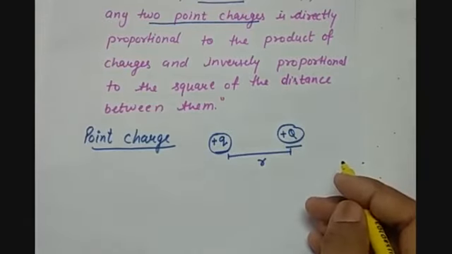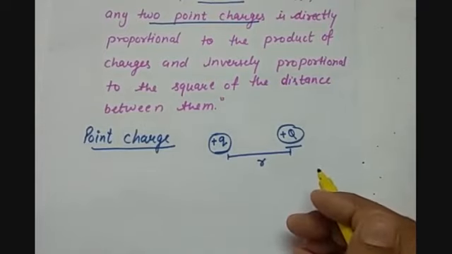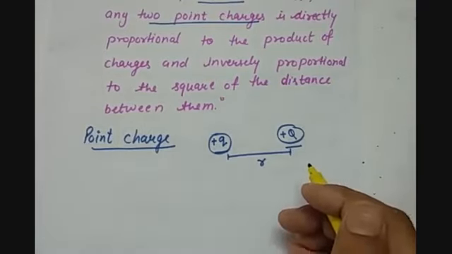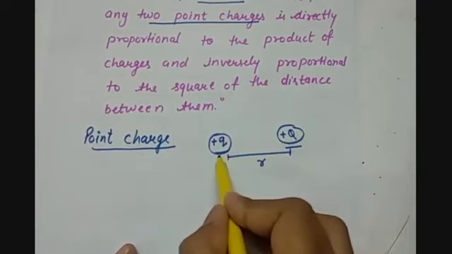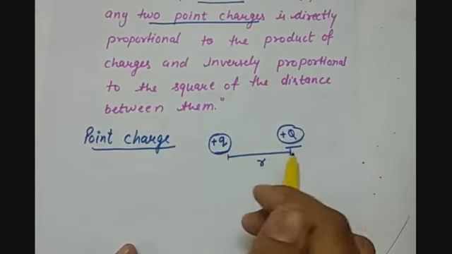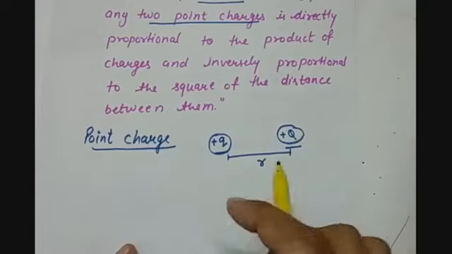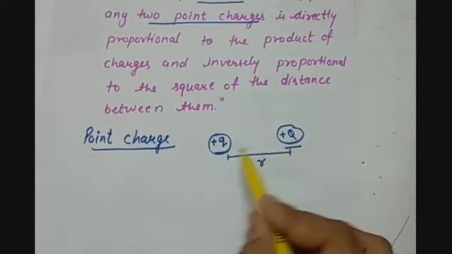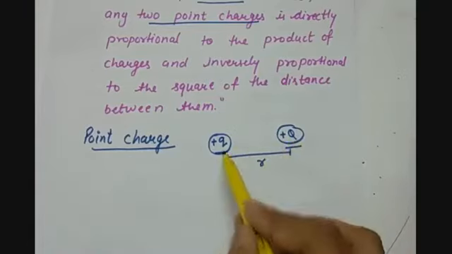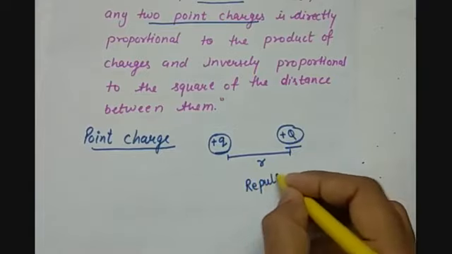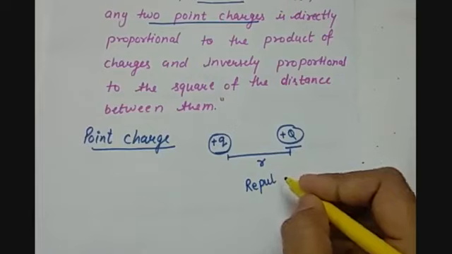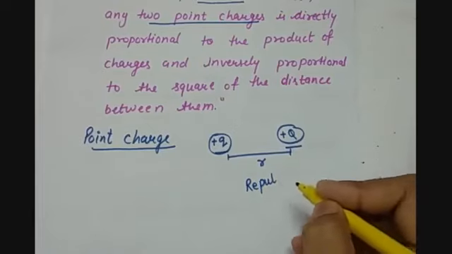Coulomb, after many experiments, discovered the type of interaction, that means there can be a force of attraction or repulsion between two charged bodies. Suppose here we have plus Q and plus Q, capital Q and Q. Here we will have repulsion, because positive charges will always repel positive charge.